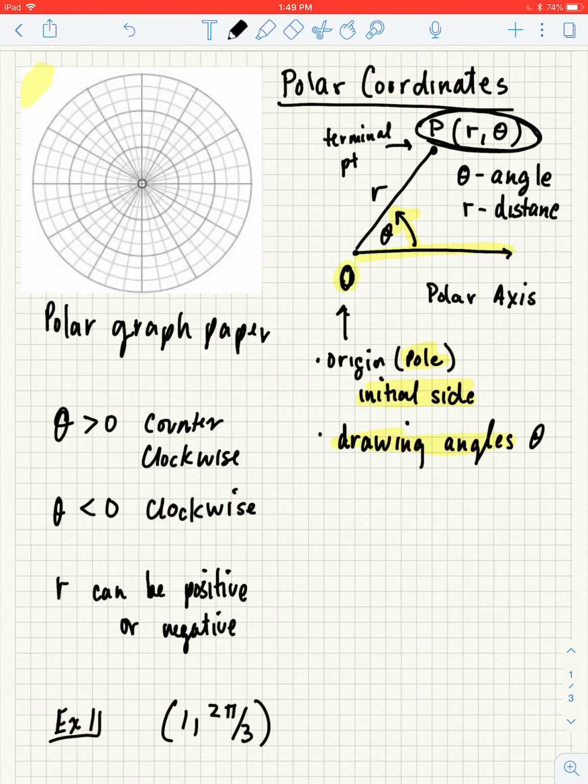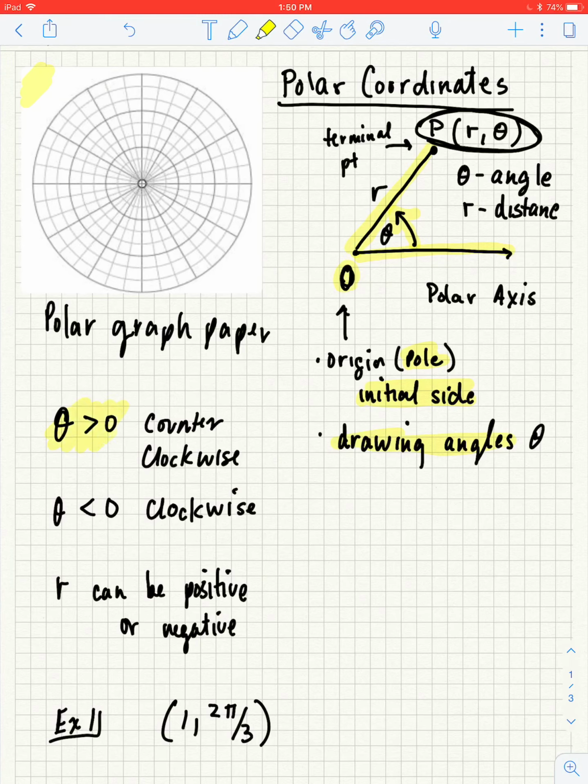I like to call it the radius because it's circular, but it's radius and theta. So you're going to be giving things with distance and angles, just like on the unit circle. It really just comes down to drawing angles and having your initial side. So we'll get to the examples in a second.